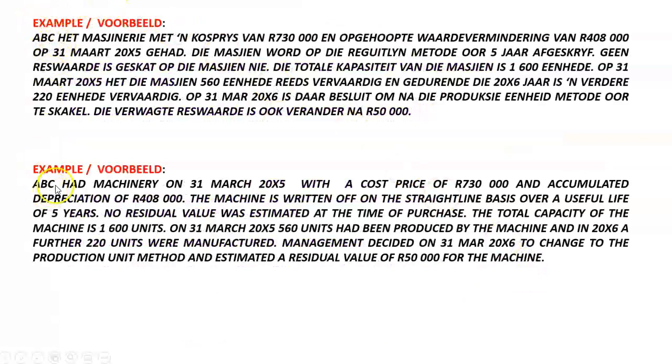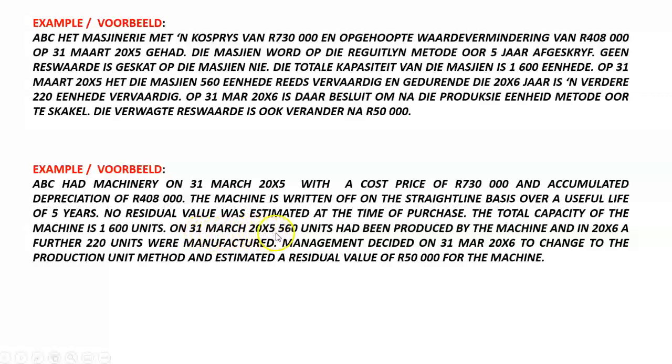Let's do an example. ABC had machinery on 31 March with a cost price of 730,000 and accumulated depreciation of 408,000. The machine is written off on the straight line basis over a useful life of 5 years. No residual value was estimated at the time of purchase. The total capacity of the machine is 1,600 units.